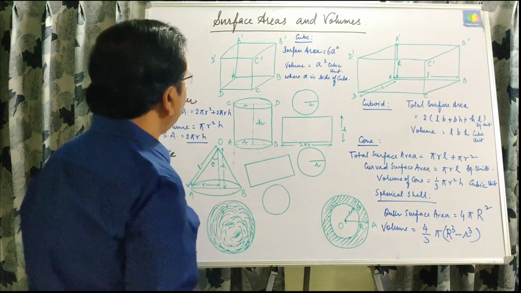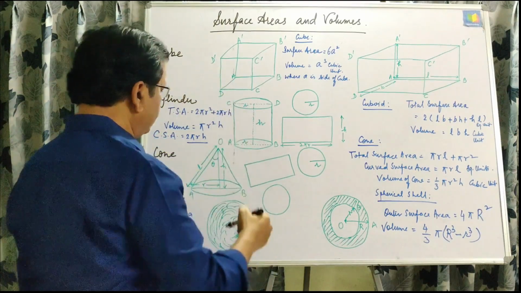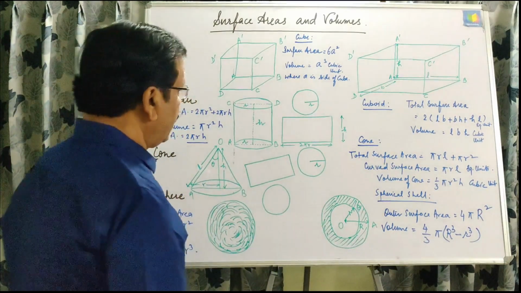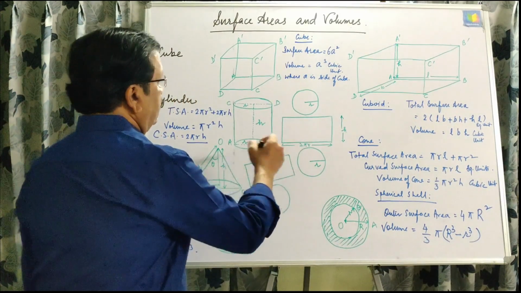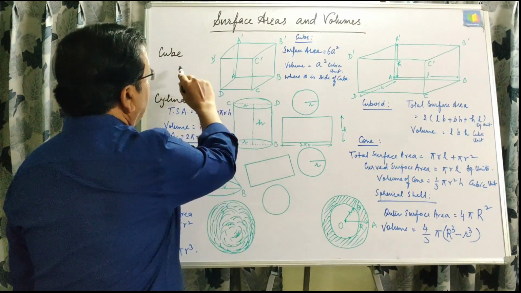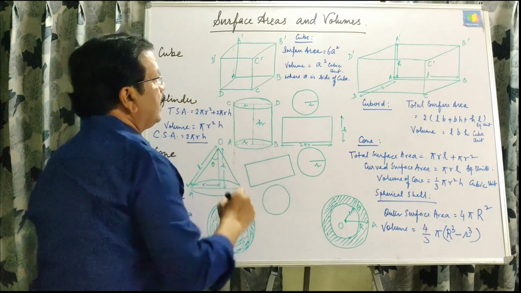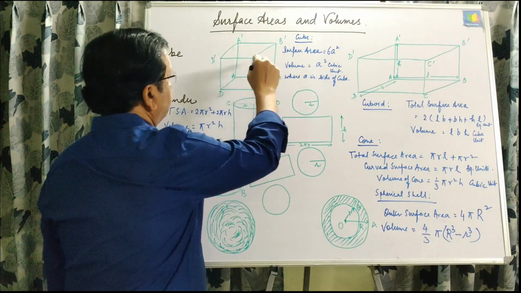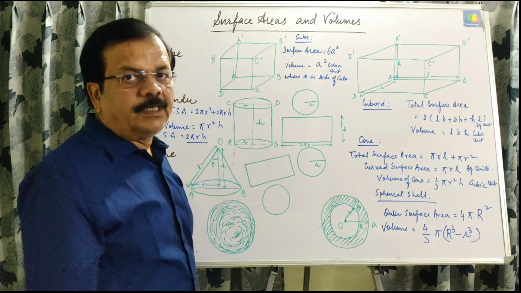Now we will have to study only four types of solids, and two more, that is the angular rings, and this in the case of the cylinder also. The first one is the cube. A cube is a solid in which all six faces are of equal length.